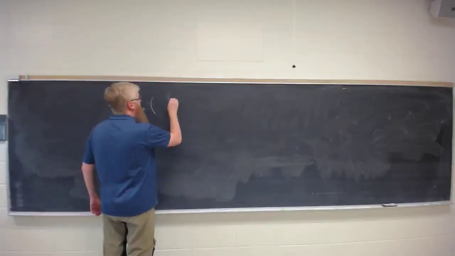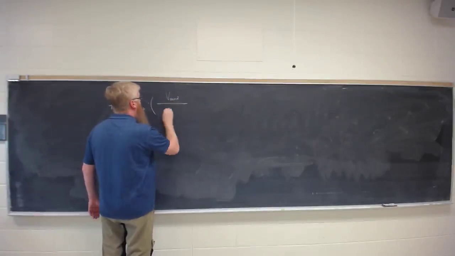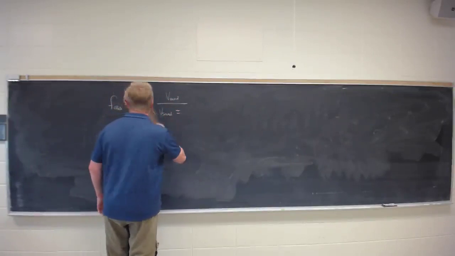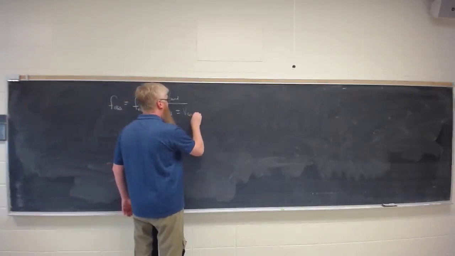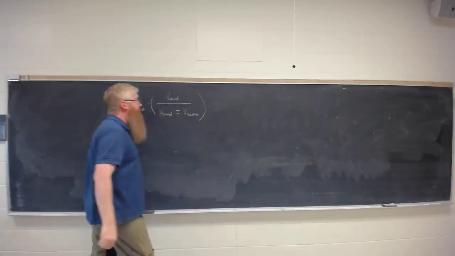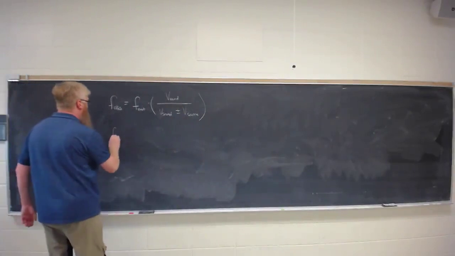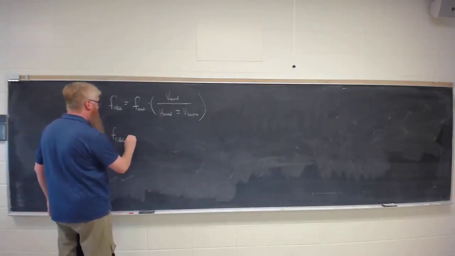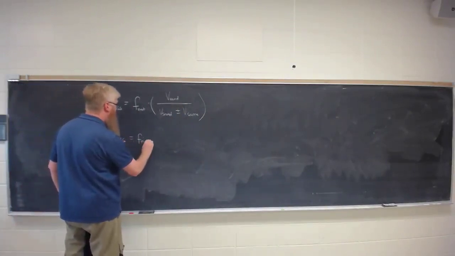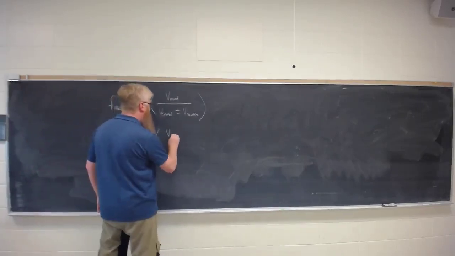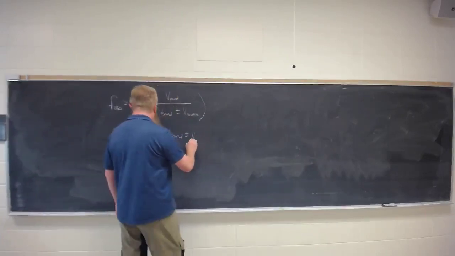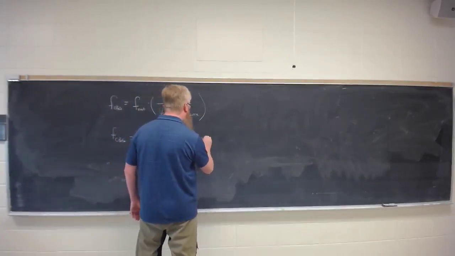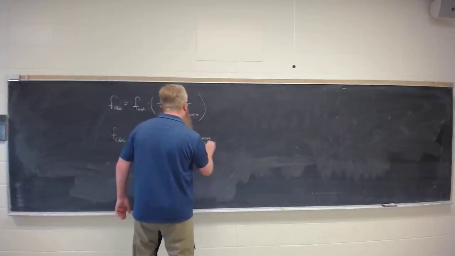The velocity of sound in air, plus or minus the velocity of the source. This is if the source is moving. Frequency observed is equal to the frequency emitted, the velocity of sound, plus or minus the velocity of the observer, over the velocity of sound.